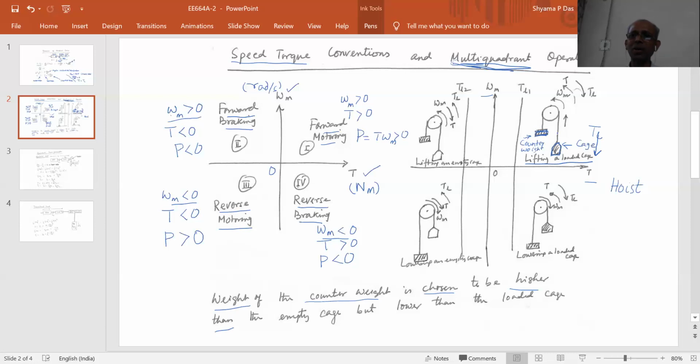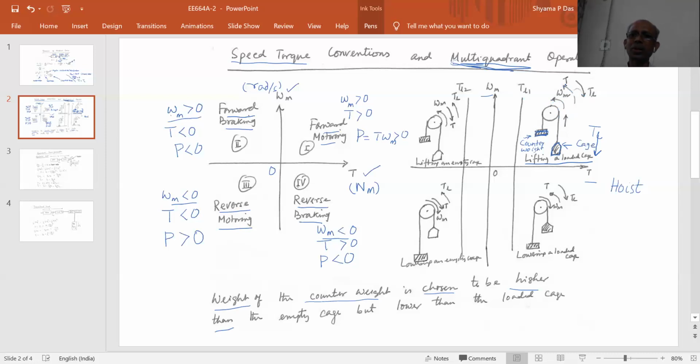So when we are trying to lift it, what happens? The speed is in anti-clockwise direction. It is being lifted. And the load torque has to be opposed by the motor torque. The motor torque is opposing the load torque, trying to lift the cage.